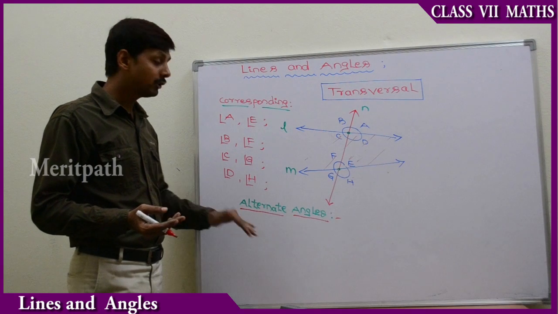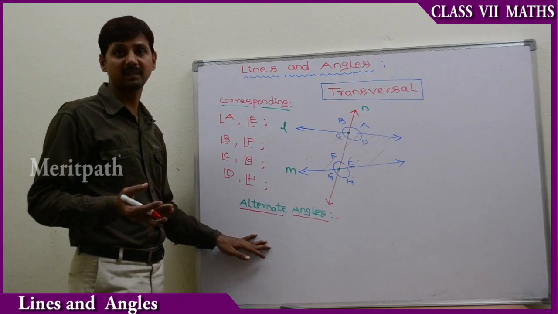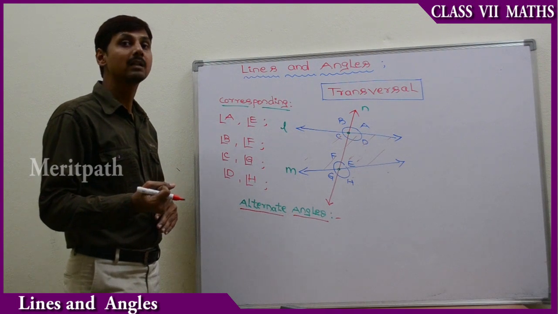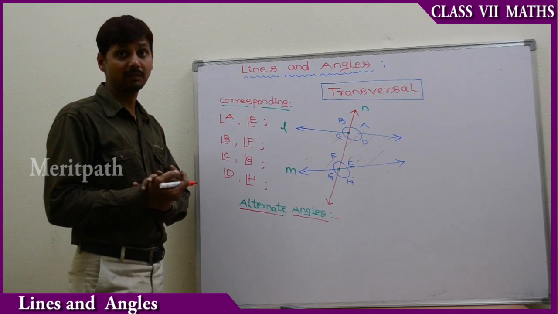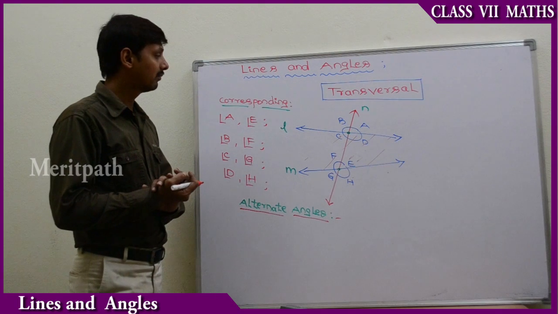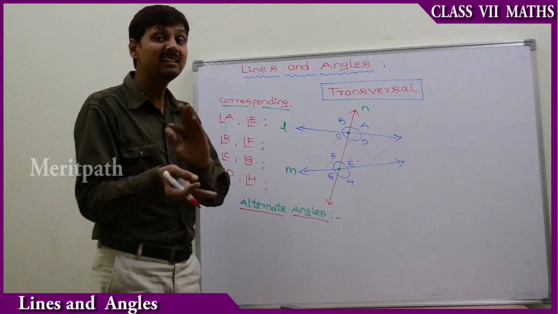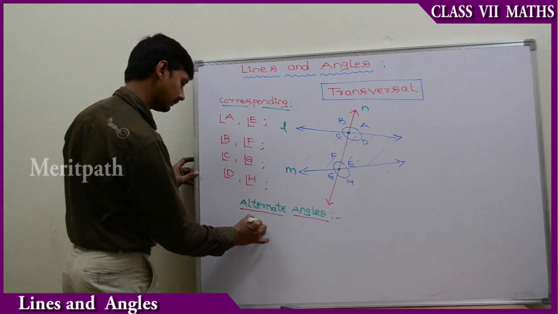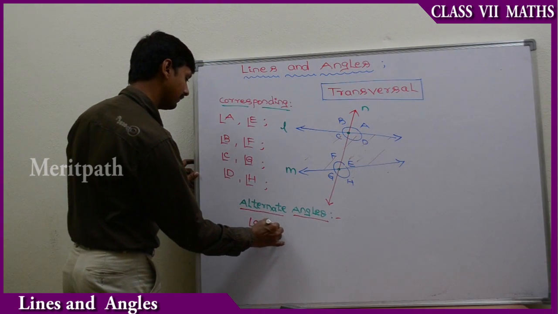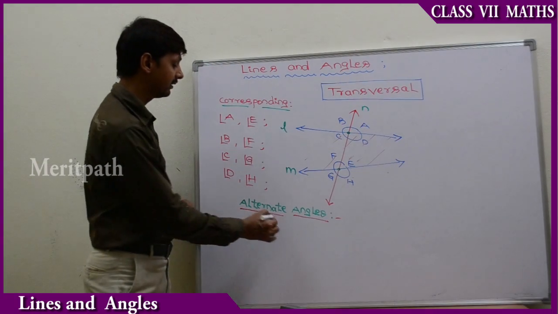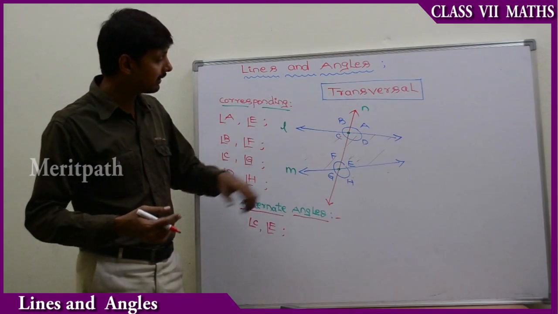But here, both angles are interior and they are on either side of the transversal. We call them alternate angles. For example, angle C and angle E are on either side of the transversal line.